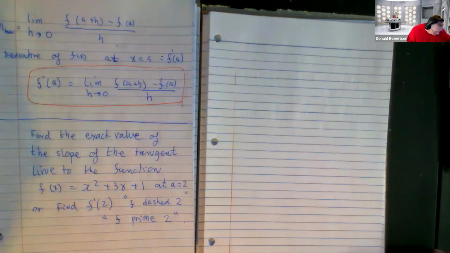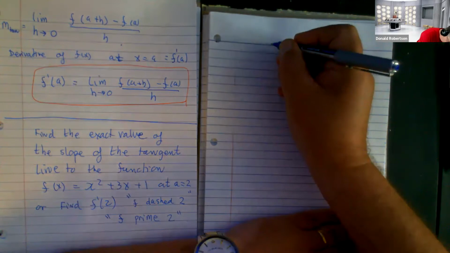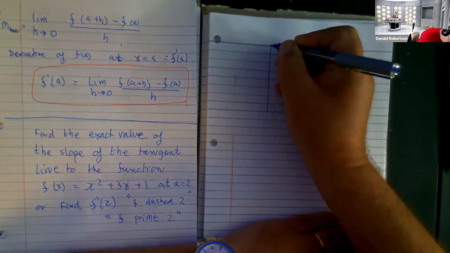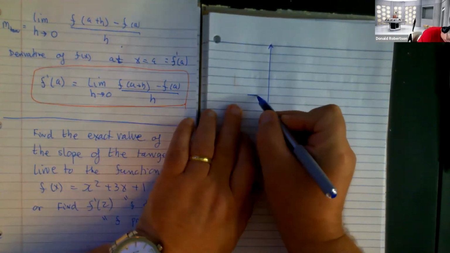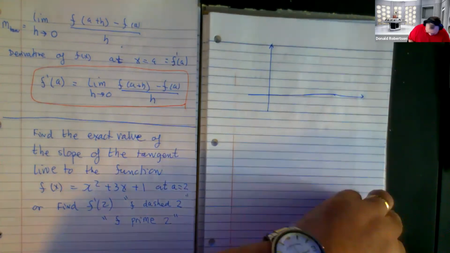What we're interested in is the exact value for the slope of the tangent line. We don't really care what version we did. So you might think, how could they come up with another version? Let me show you the second and last version. There are no more versions after this one.